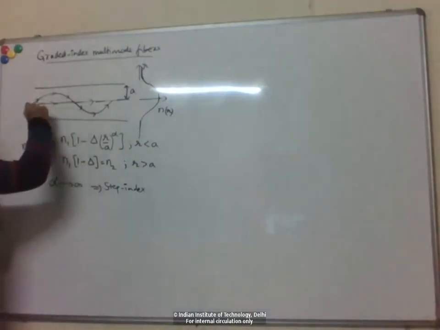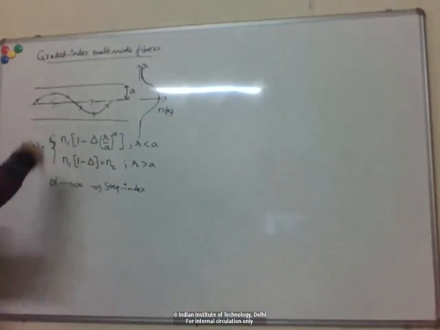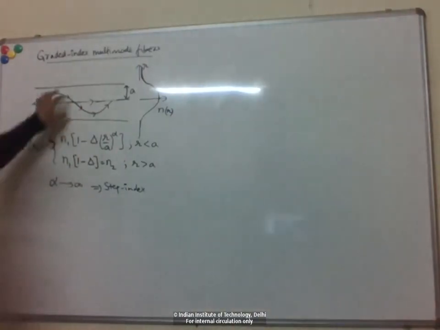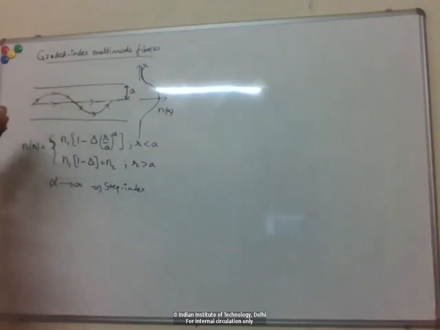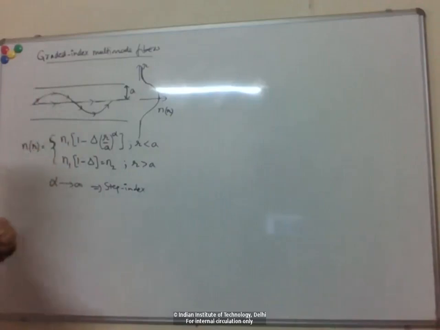Rays launched at other angles took longer paths. In the step index case, all of these rays were traveling at the same speed because the index in the core was a constant n1. So the longer path rays took longer time, and that led to dispersion or pulse broadening.